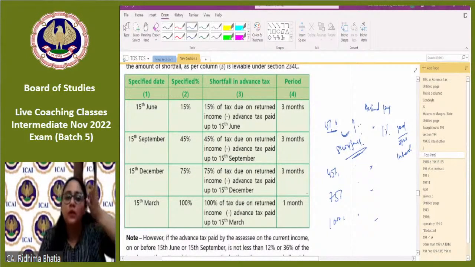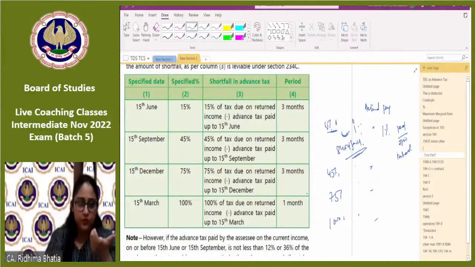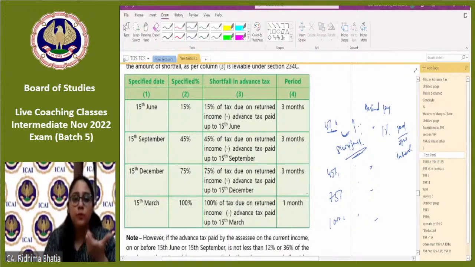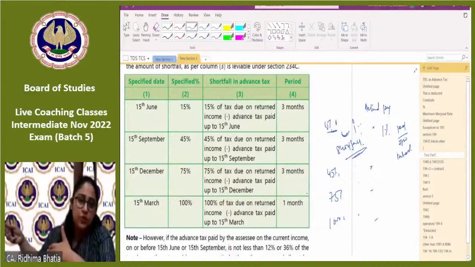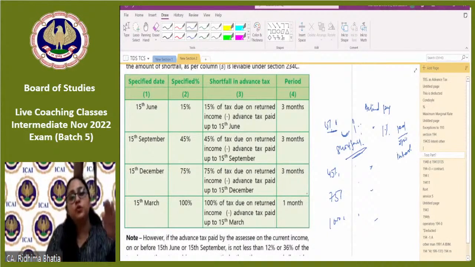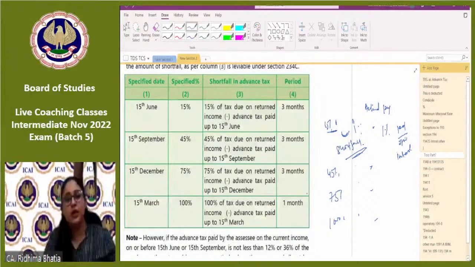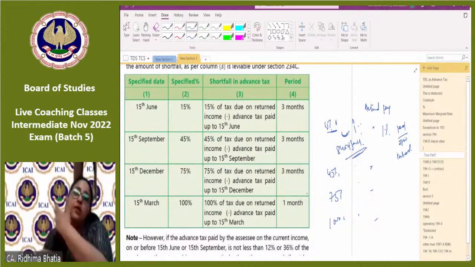Now, इतना simple सा बात है कि first installment में जो unpaid रहेगा, right? The shortfall of first installment would be a shortfall for how many periods? Till the next installment comes, because next installment में फिर से you will calculate the shortfall, right? Yes or no? So 15th June तक जो मैंने नहीं deposit कराया, उस पे interest would be calculated up till the next installment only, because now from 15th September I'll see again the shortfall till 15th December.